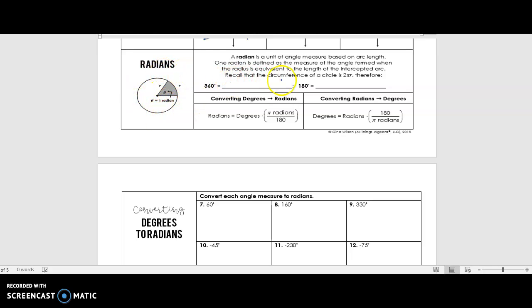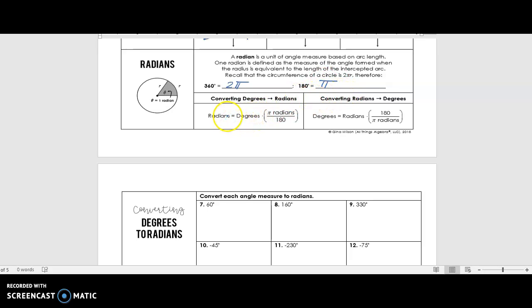The circumference of a circle is 2 pi r, so if we take r as 1, then 360 degrees is actually 2 pi. And hence, if you divide by 2 on both sides, half of 360 is 180, and so is pi. So 180 degrees is pi.